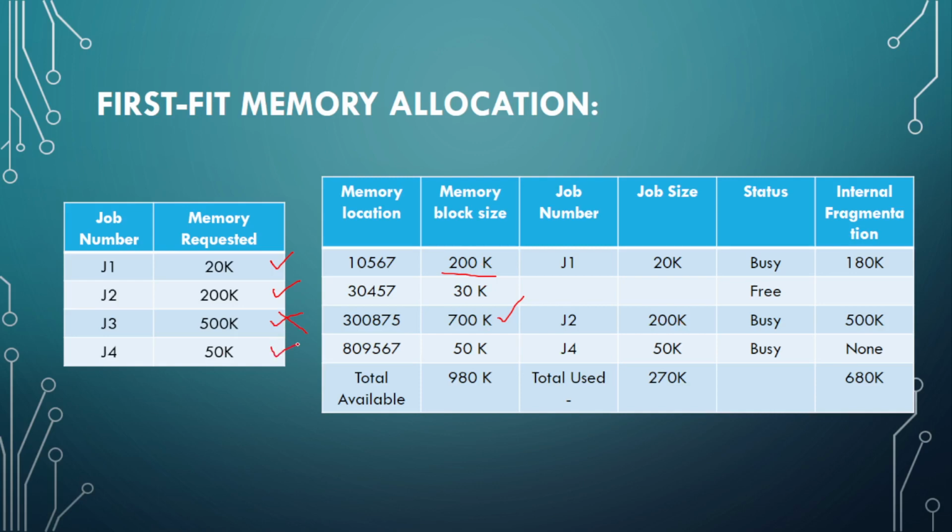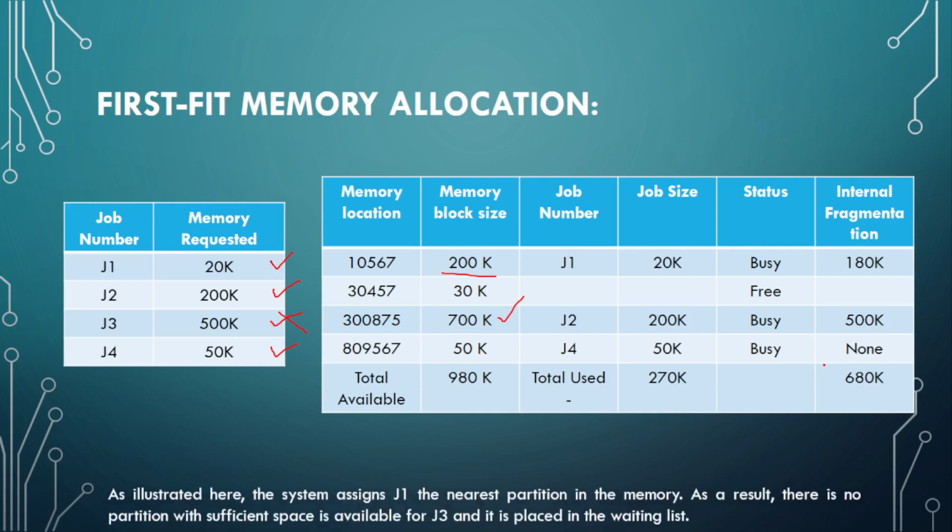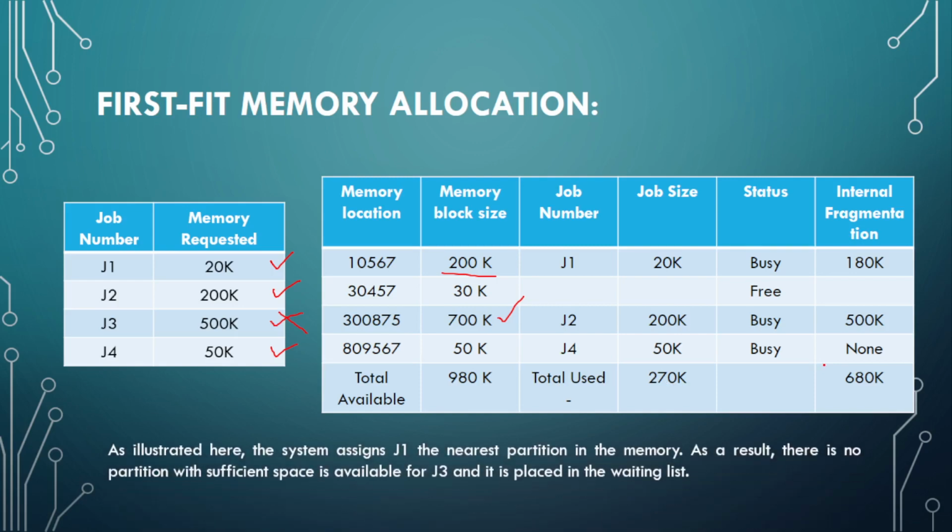Next we have 50 KB, and the next available blocks are 30 KB and 50 KB. So we allocate the 50 KB block to the requested memory. So here the entire available memory is 980 KB and we are going to use only 270 kilobytes, and the internal fragmentation in total is 680 kilobytes, and also job 3 cannot be accommodated.